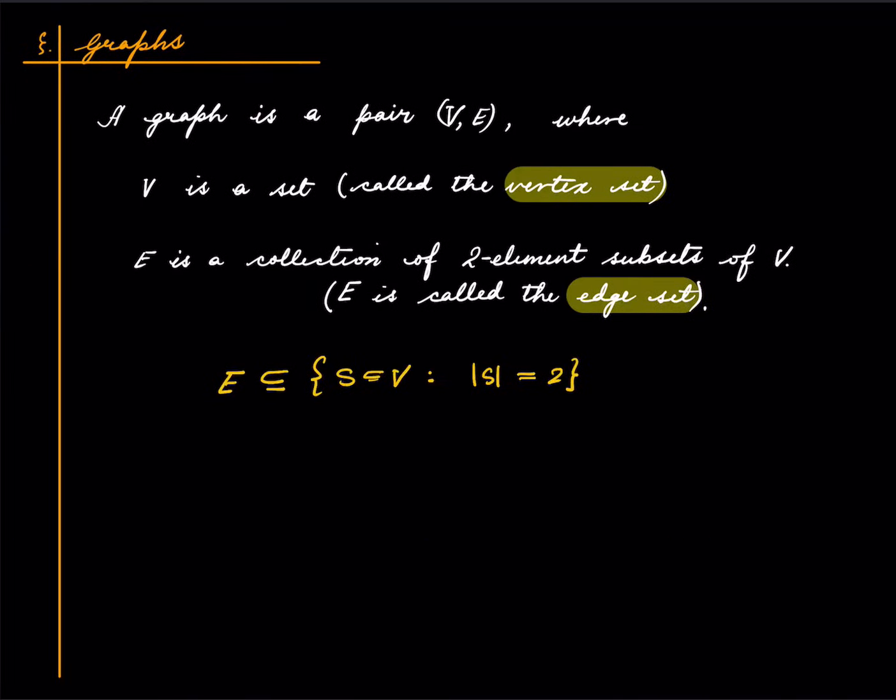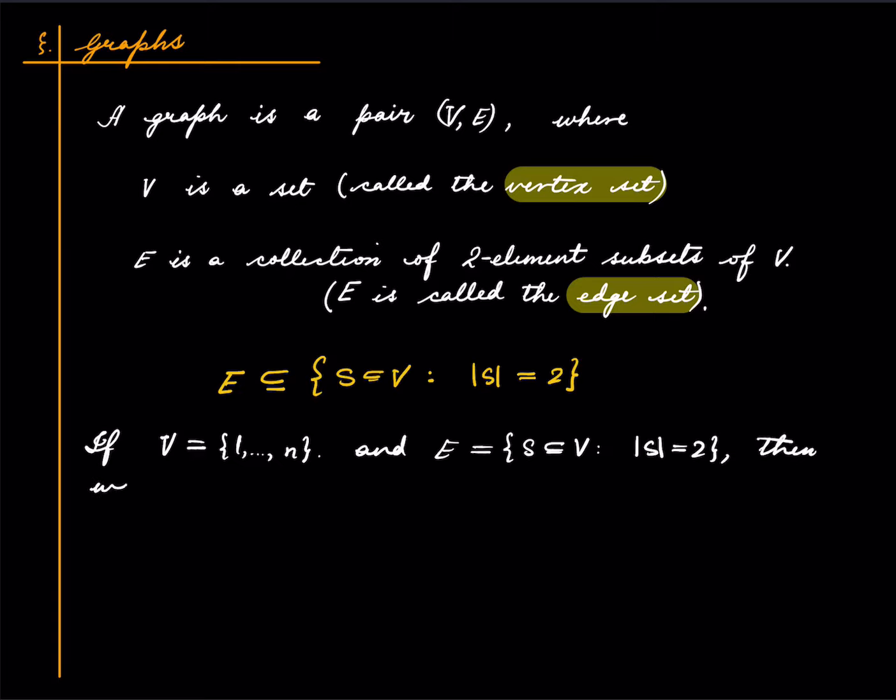So this is the notion of a graph, and let me just give one very silly example. A complete graph. If let's say V is equal to this set, most convenient set, and E is equal to all the two element subsets of V, then we say that the graph G equals V comma E is the complete graph.